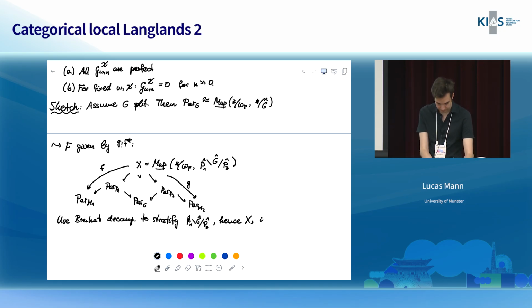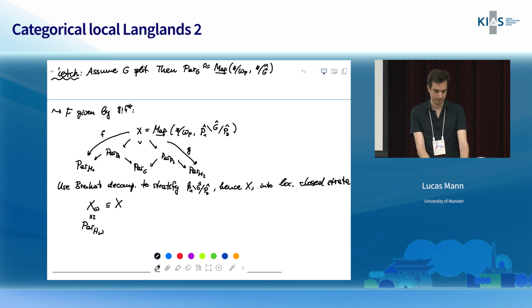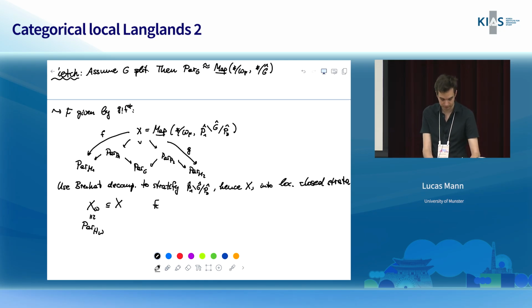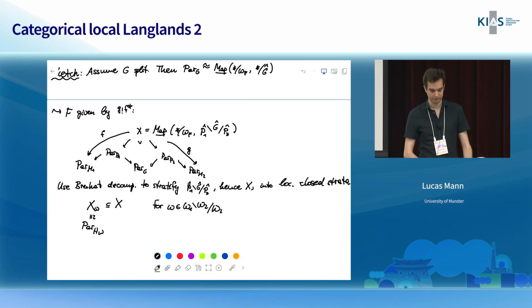And then this stratifies X into locally closed strata X_W inside of X, and this X_W is isomorphic to the classifying stack of H_W, and the reason is simply that this H_W is exactly the stabilizer of the Bruhat cell corresponding to this W. This is really a topological stratification. So these are locally closed subsets, and they have all the nice properties that you expect from a stratification.